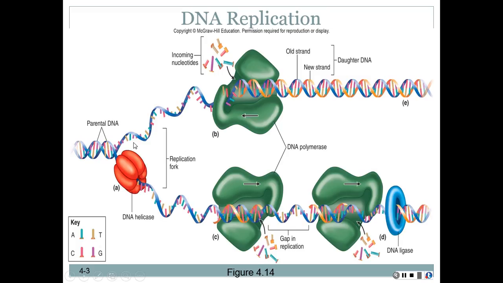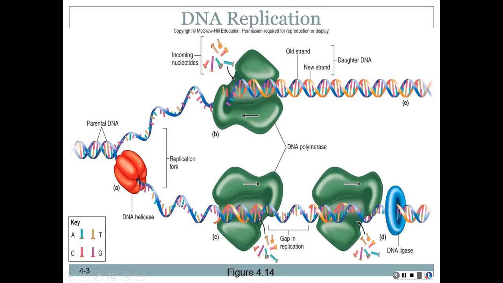So here we have the old from the parent running through, and then we see the colored one here, which they represent as the new strand. So the daughter cell will have both the old and the new DNA strand. That's for both of them.